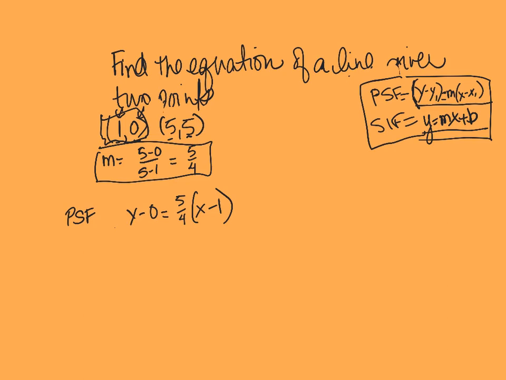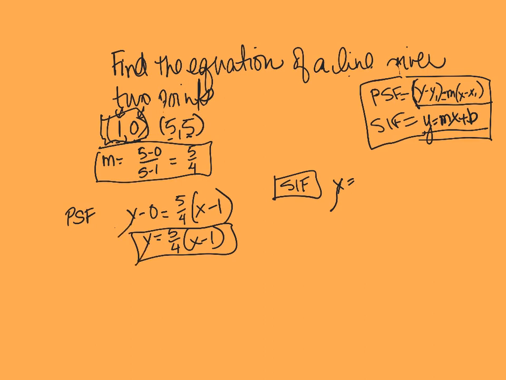Now, you can just write it as y equals 5/4 and then in parentheses like this for point slope form. And then if we were going to write it in slope intercept form, all we would have to do is just do a little distributing and have y, make sure that looks like a y.